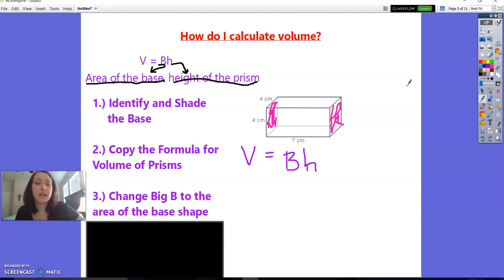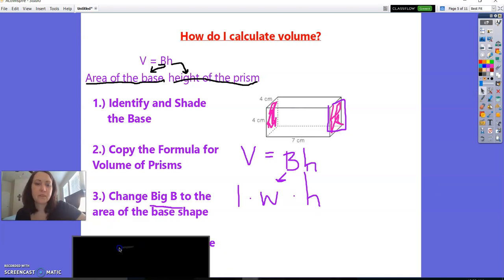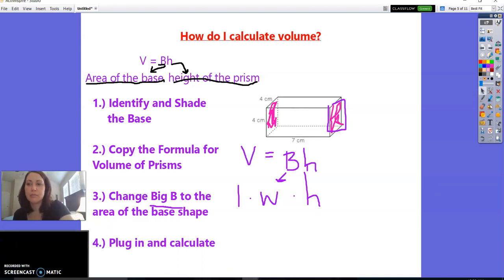Start with the formula. On the second line, this big B is the area of the base shape. My base shape, we already said, was the square. So I'm going to change big B to length times width, because that's how I find the area of a square. Length times width, and then I'm just going to bring that H down. I'm not doing anything with that H yet. After that, I am going to plug in my numbers and calculate.